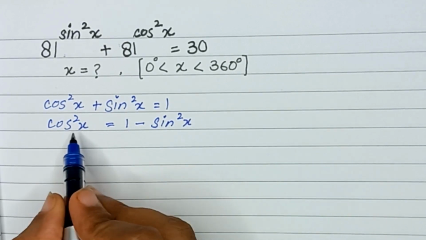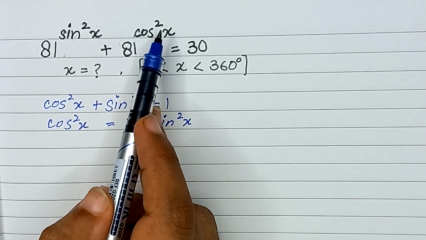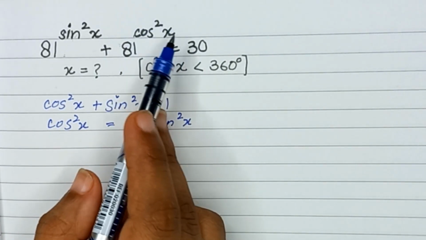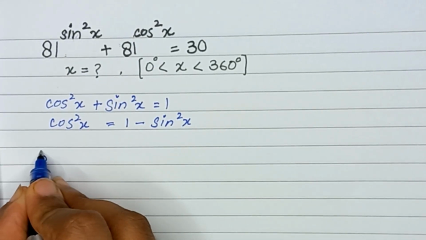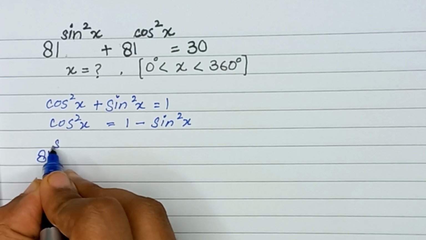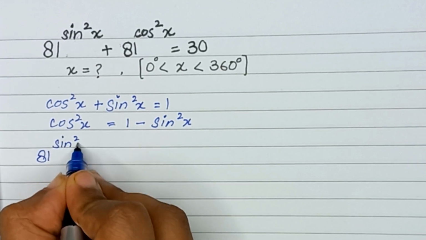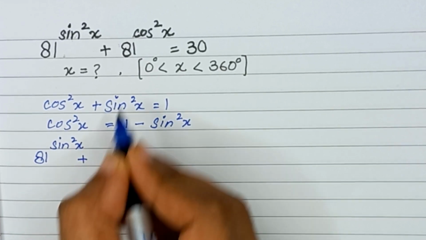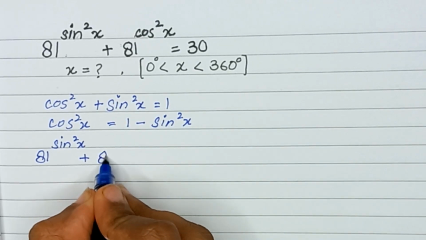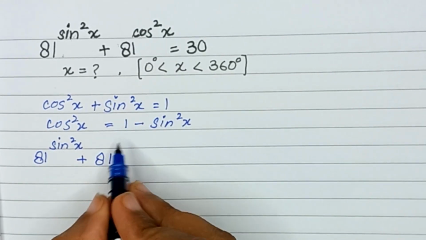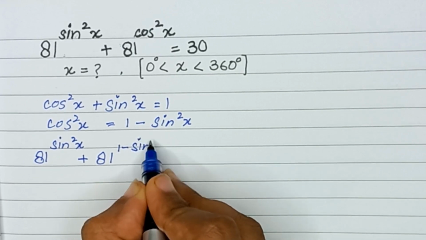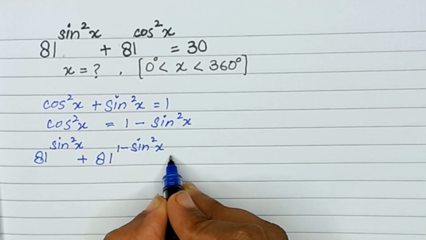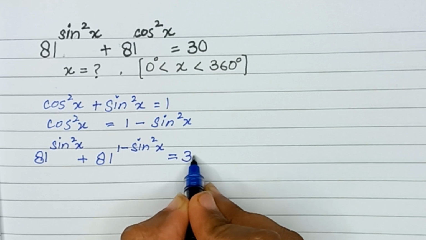Now we will substitute the value of cos square x. So the above equation will become 81 raised to the power sine square x plus 81 raised to the power 1 minus sine square x, which is equal to 30.